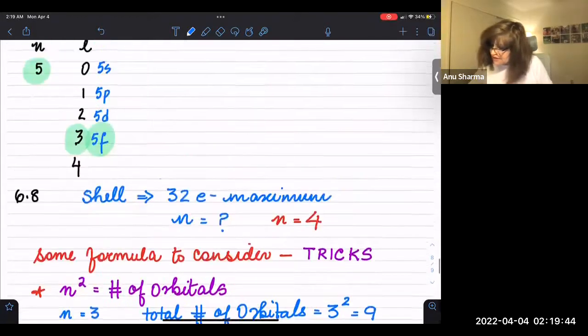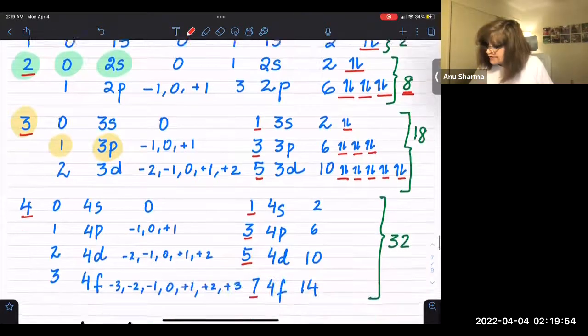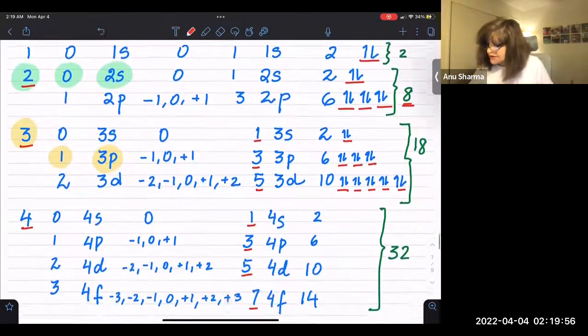And as you can see here, 2 is here, 2 is here, and then these 8 electrons come out, 2 and 6. So that's in 2s and 2p.